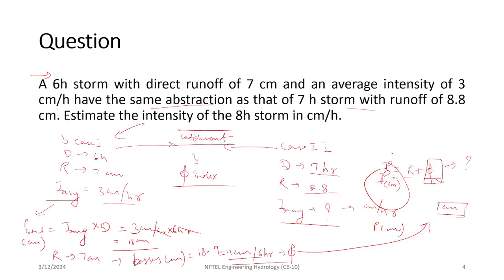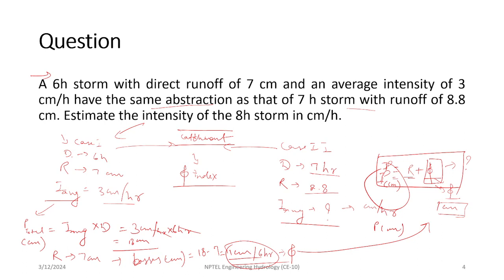Use this formula only, nothing else we need. Whatever the phi value, that is 11 centimeter by 6 hours. Now you should multiply this by 7.